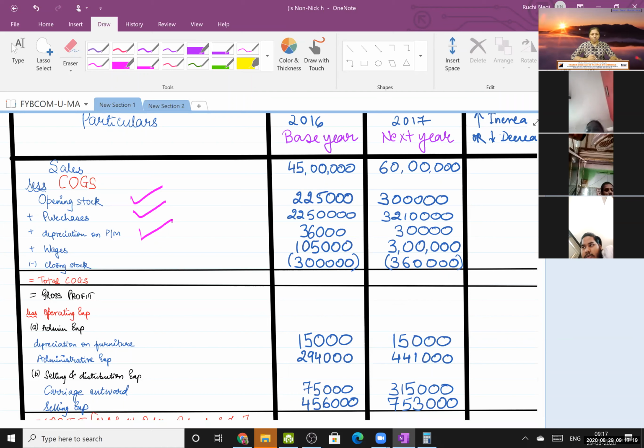All your direct costs like raw material, direct wages, direct expenses, factory related expenses, that is coming under COGS. Wages and closing stock. Even WIP, opening closing stock of finished goods, WIP, raw materials सब इधर ही आएगा, COGS में.